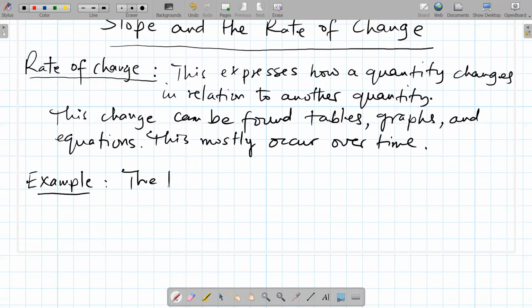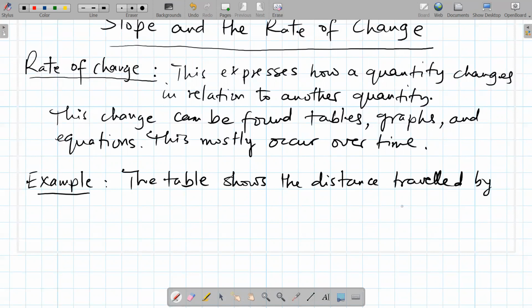Table shows distance traveled by a car in a day.